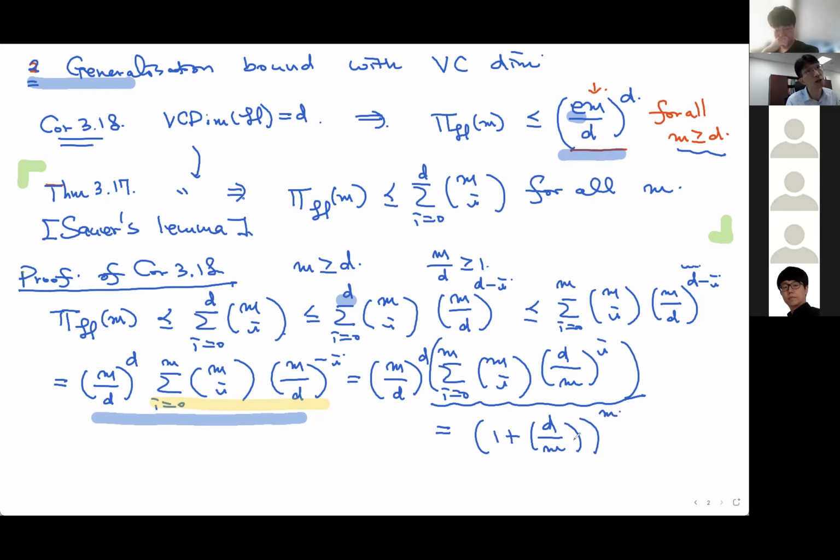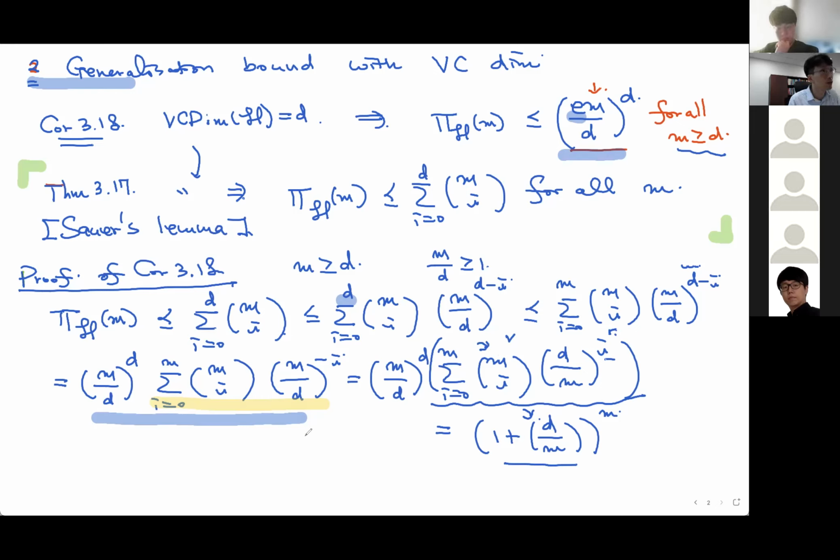If you expand this polynomial, what we get is the one above. The ith term comes from choosing, in this multiplication of m factors, i ways of choosing the second term, and that gives the term with the ith power here. That possibility is captured by m choose i. So that's what we get here.